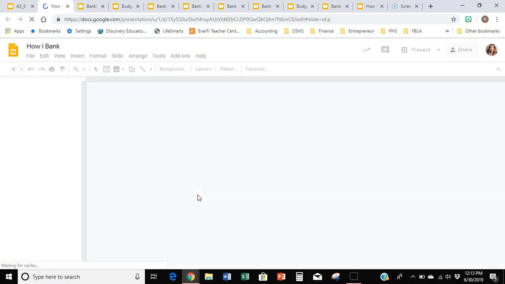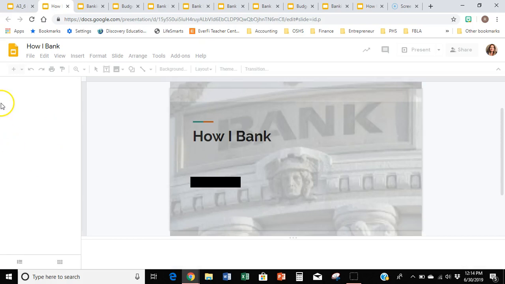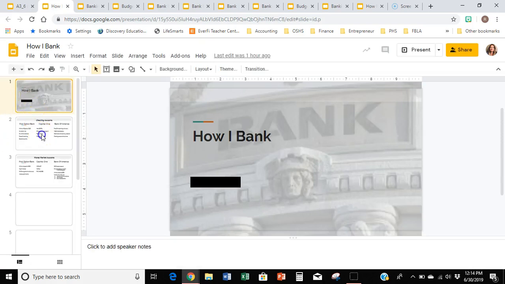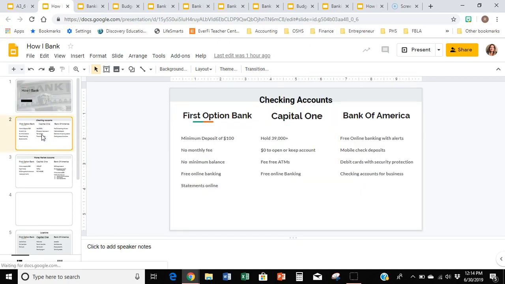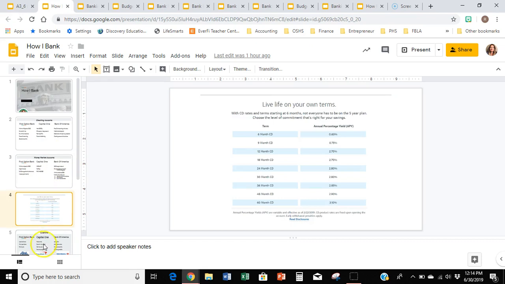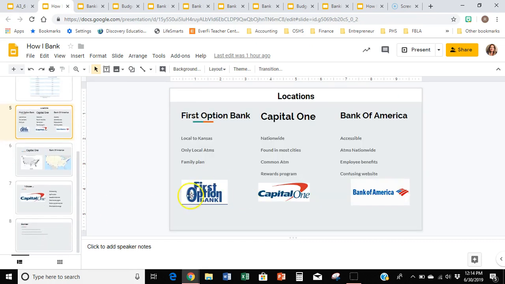The last one, excellent example of building a presentation. Give it a second to load. Okay, so this is an example of 1/3. She had a lot of information but organized it very nicely. And she used the column format again. And then these images match the content of what she's talking about.